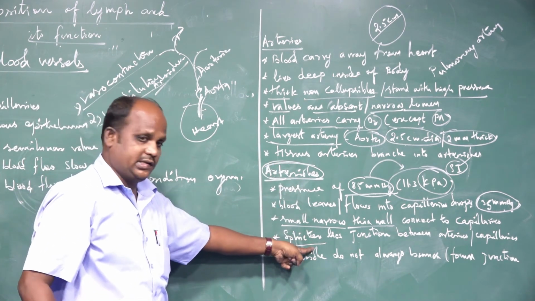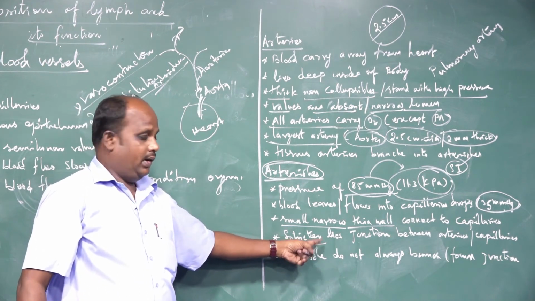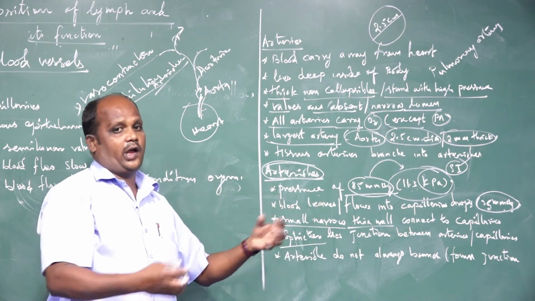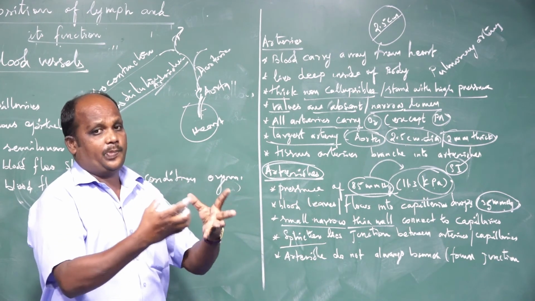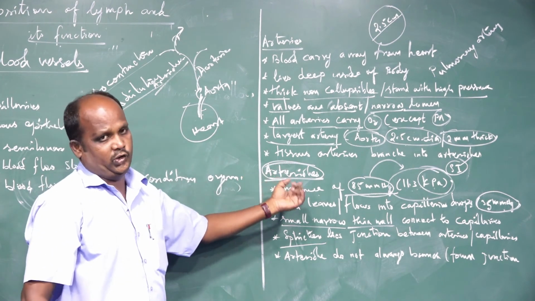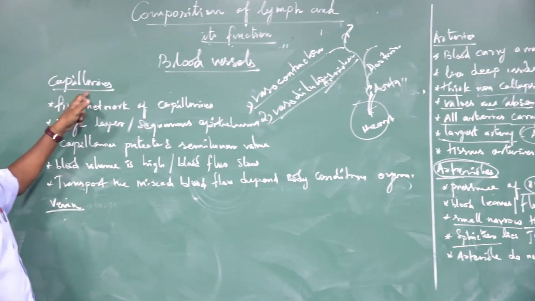The sphincter muscle makes the anastomosis, I mean the junction. The junctions create pressure, after which the blood vessels contract and relax. So pressure may increase or decrease. This event is regulated by the arteriole. Next we are going to talk about capillaries.